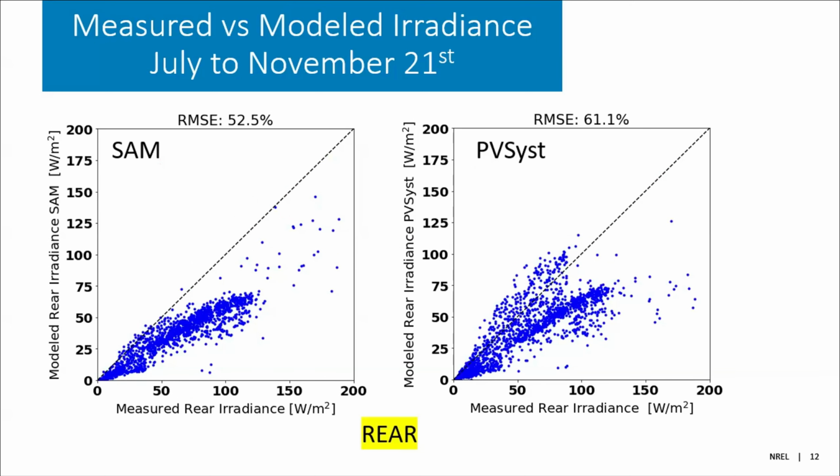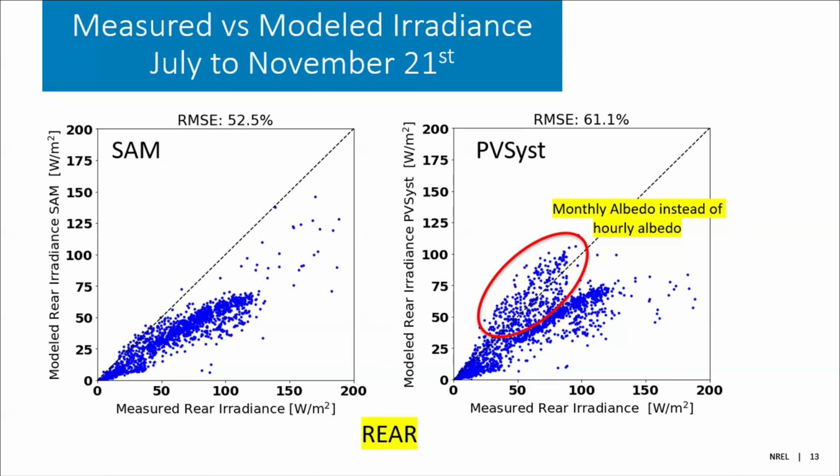Now for the rear radiance, it doesn't do as well, given all of these assumptions that we have. I mean, this one seems to be good, but that's actually a failing in the right direction. It's carrying some of the error. Anyway, this doesn't look very encouraging.